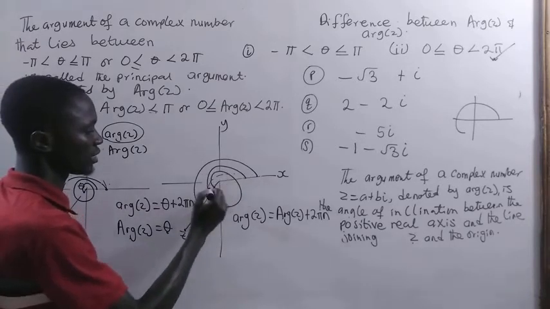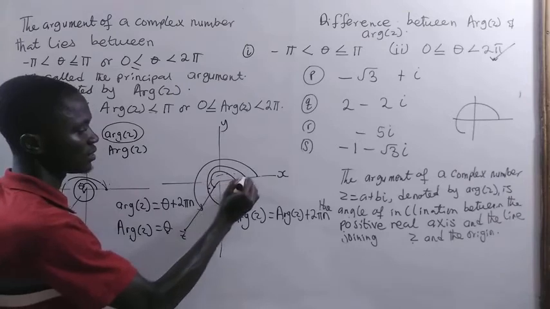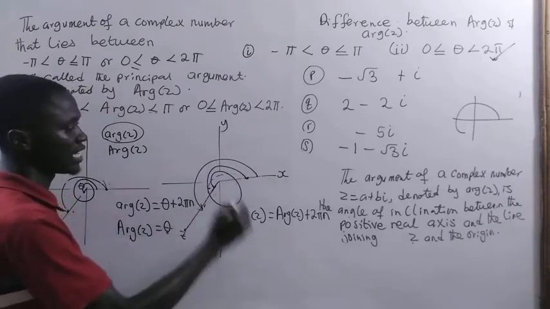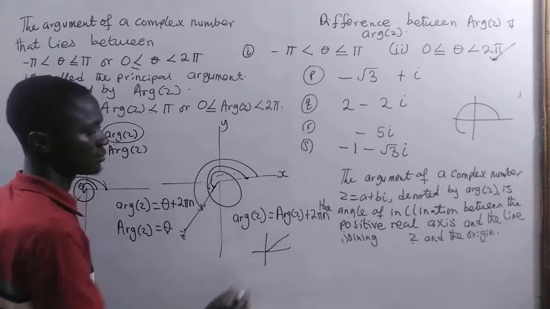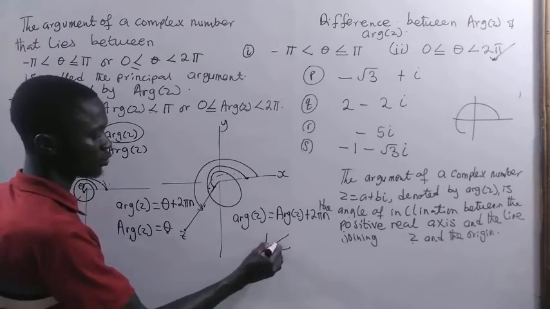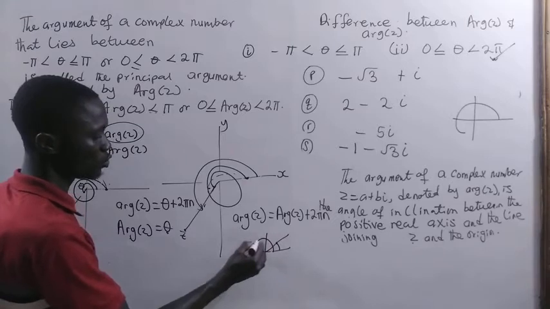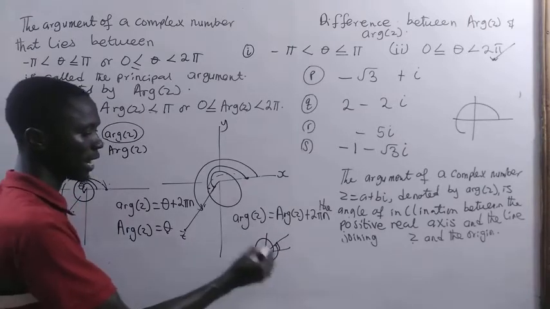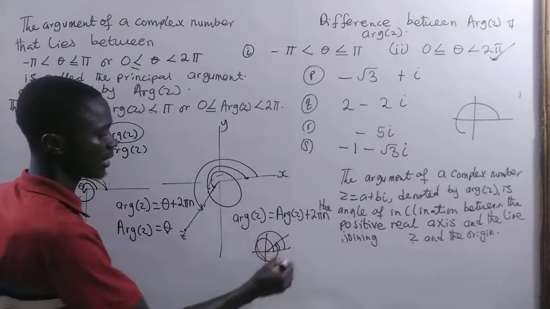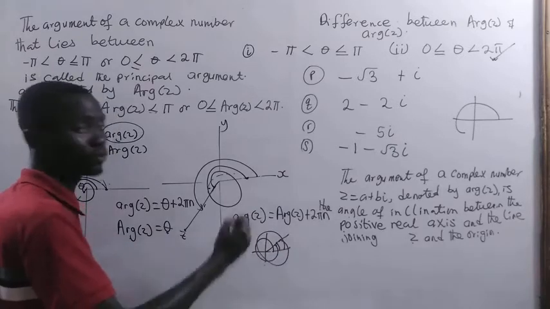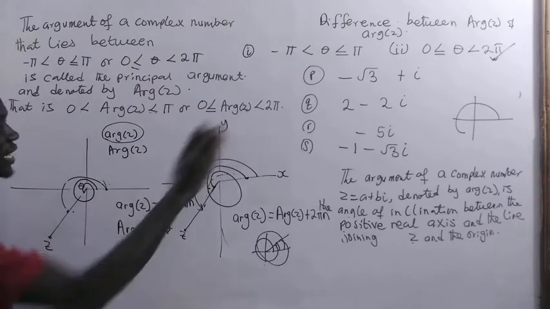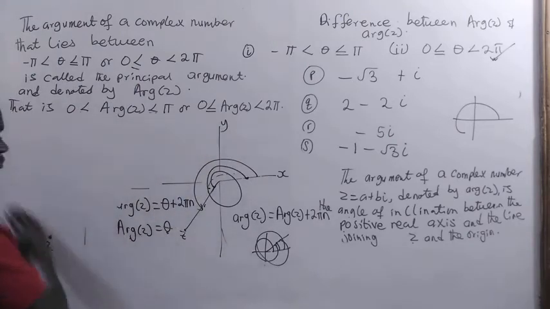All the possible angles that we can get moving from here and then coming to land on this line. In the same way, if it is here, you can move first one, you've landed. But if you go and come back, you will come and land on it. That is adding 2 pi. If you go again and come back, you come and land on it. Another 2 pi. So that is that. Now, let's find this, what you have on the board.